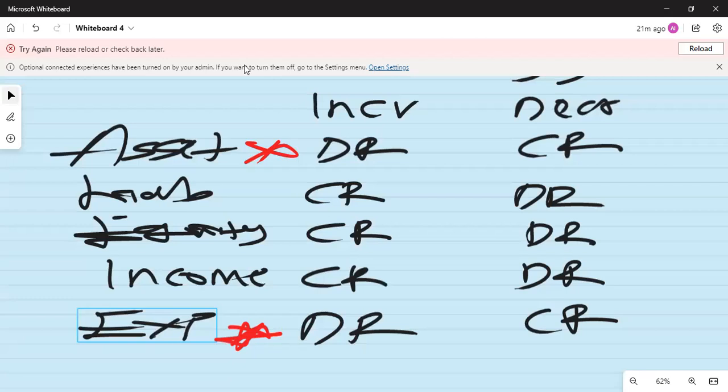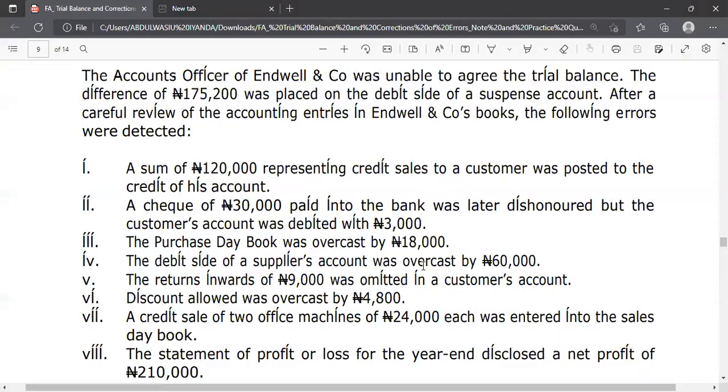Why the next ones, liability and equity, you're going to find them in the statement of financial position, which we are still going to look at. So now, since purchase was overcast by 18,000 naira, then you have to credit purchase.